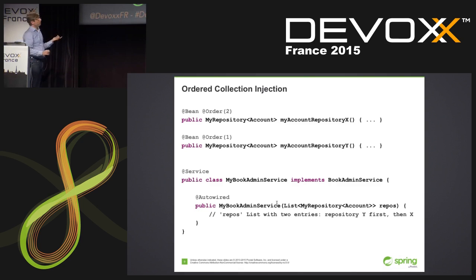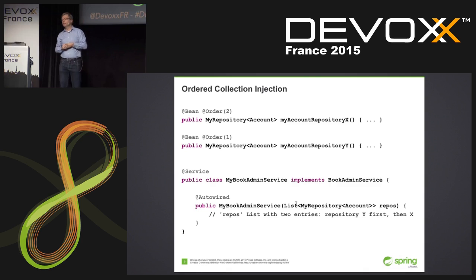A sweet spot here is the ordered injection as of Spring Framework 4. So you can declare an @Order value at the @Bean level, for example, or at the @Component or @Service level on an implementation class, works the same way. That's an order value that we're going to take into account whenever we need to build a list or an array. So if you ask for a list, you get a pre-ordered list of MyRepository according to those order values.